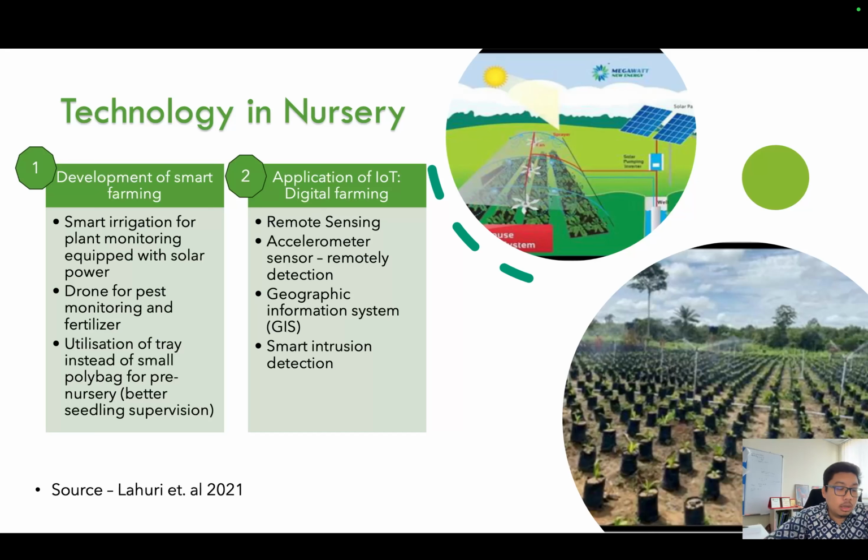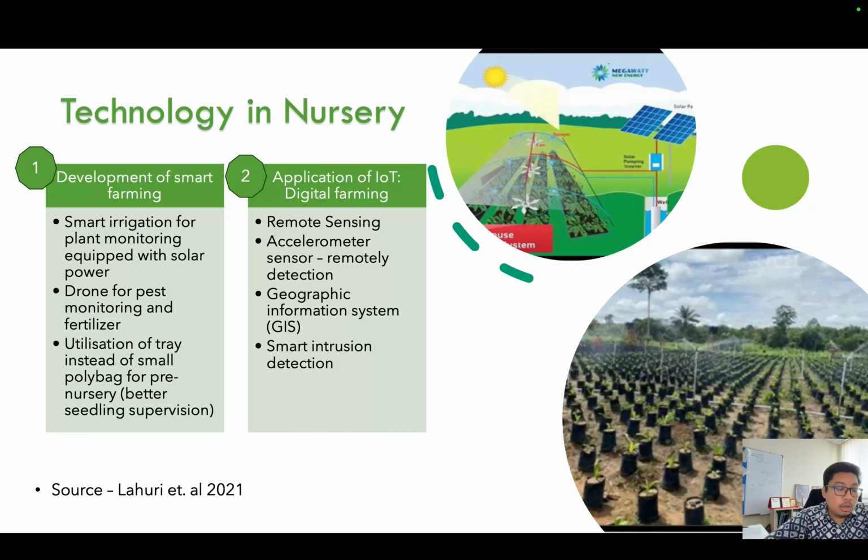The other is the utilization of trays instead of small polybags. The tray in the nursery is of course the seedling tray. Some use small nursery polybags, but you need to transfer into a larger polybag after that.